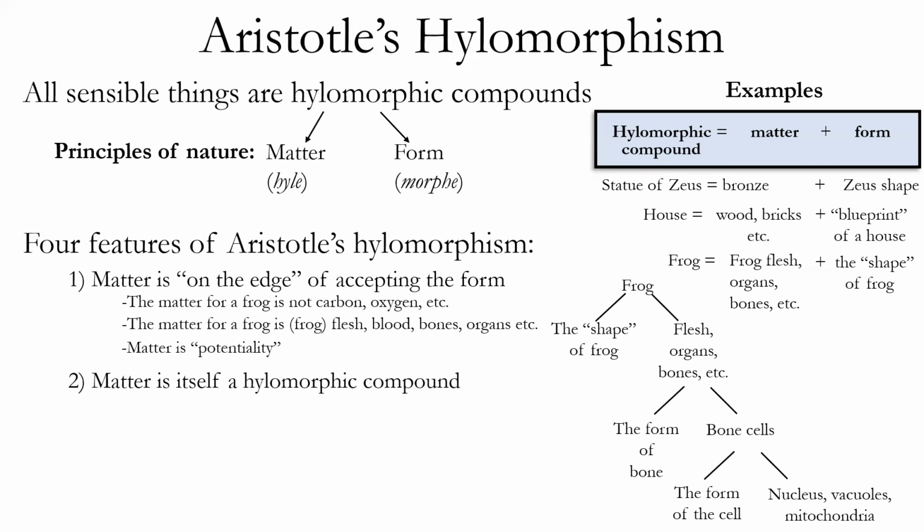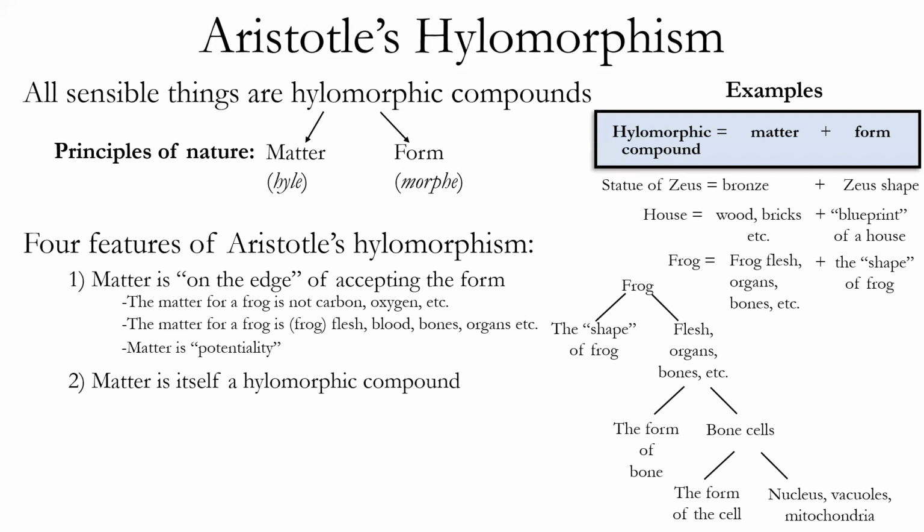And you would eventually end, in Aristotle's view at least, with the basic material elements, which he obviously didn't know about carbon and hydrogen and so on. And so of course he didn't know about quarks and leptons and the fundamental particles of physics that we now know about. He thought the basic elements of things were the four elements: earth, air, fire, and water.